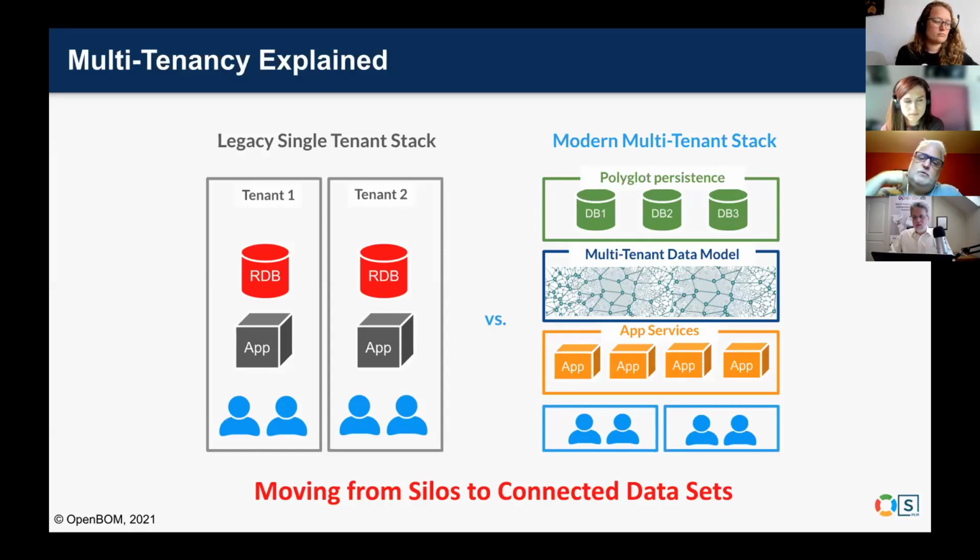And as a small, growing startup, we realized that all the SaaS tools available to us would make this polyglot persistence world possible. And as opposed to creating a single tenant legacy system, as you see here on the left, where you have one customer with their application and their database, we said we need to move to a multi-tenant stack where everyone is sharing the same infrastructure.